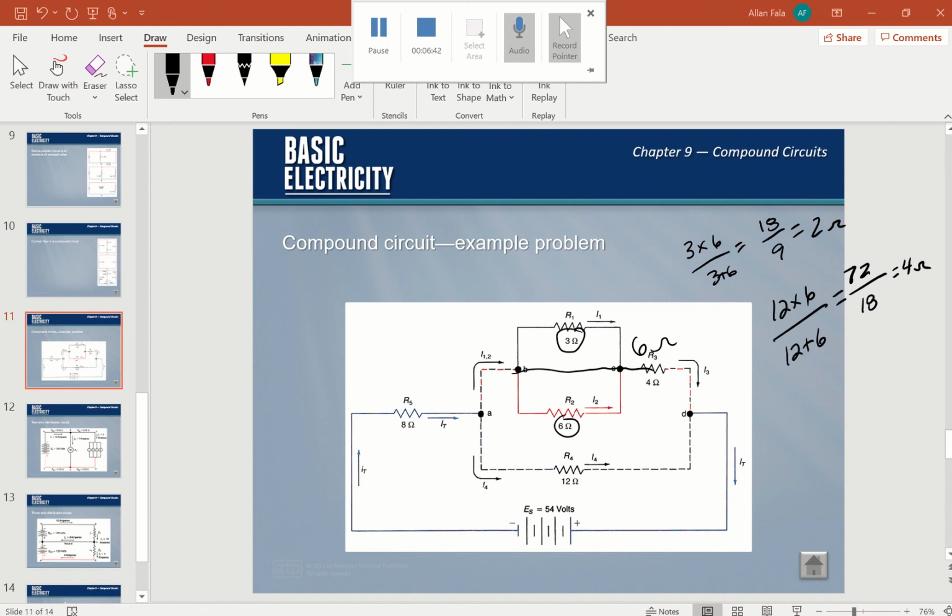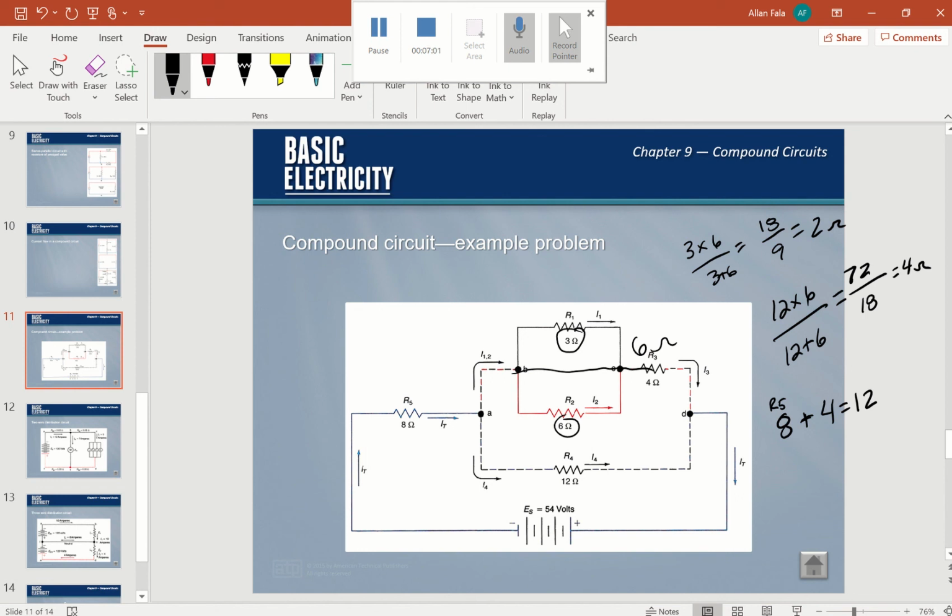Since all the current is going to go through R5, and then we have the 4 ohm, now we know that the total resistance is the 8 ohms for R5 plus the 4 ohms of the 4 additional resistors, or 12 ohms.